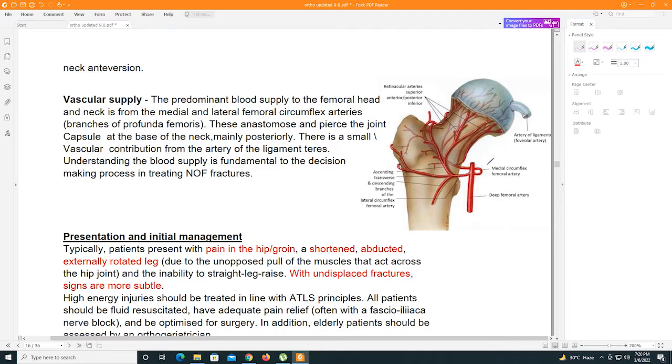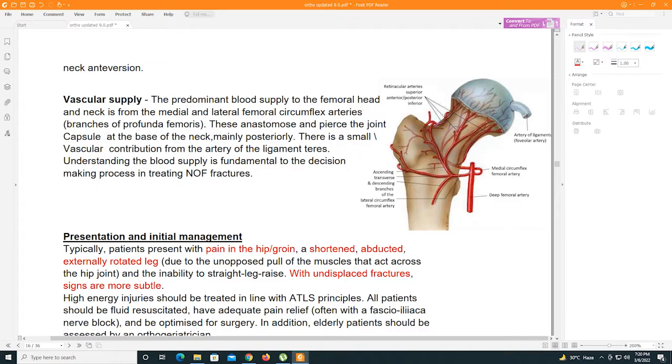This is the artery mainly responsible for the blood supply of the femur, the deep femoral artery, also called the profunda femoris artery, which is a branch of the common femoral artery. From this artery come two branches, the medial and lateral circumflex femoral arteries. Just look at the position of these arteries. They are located along the neck of the femur.